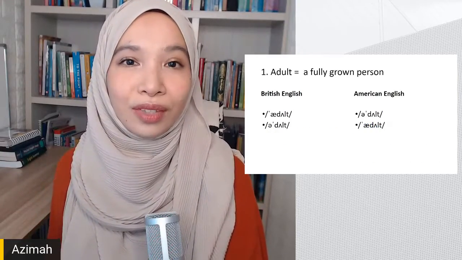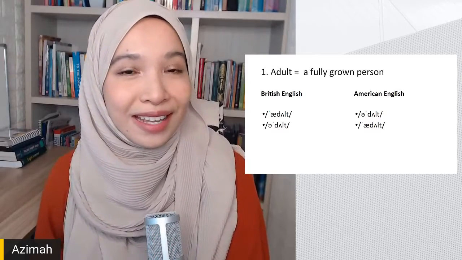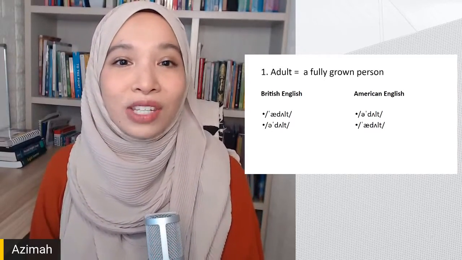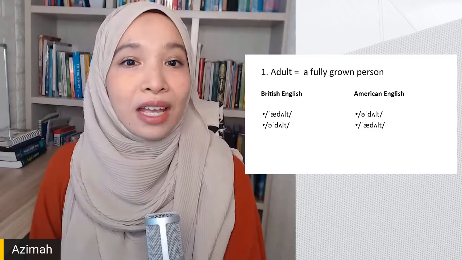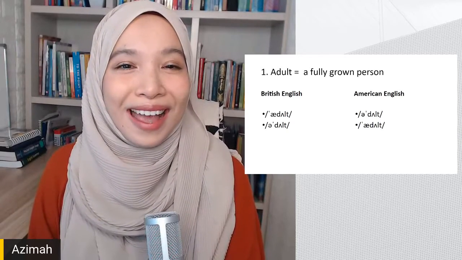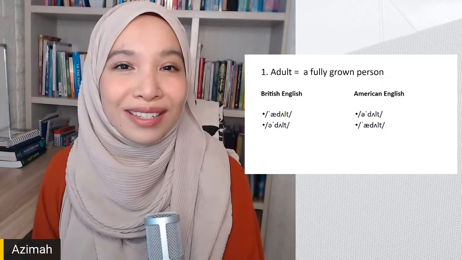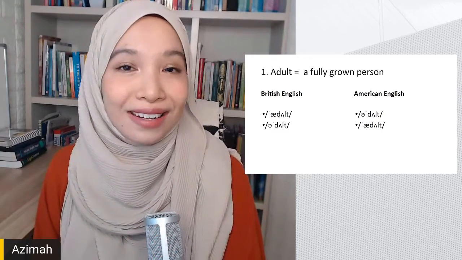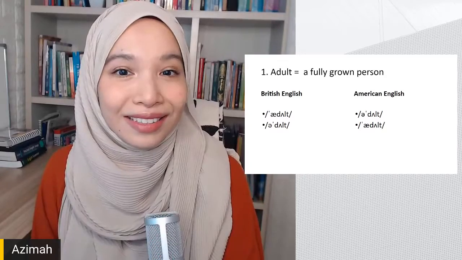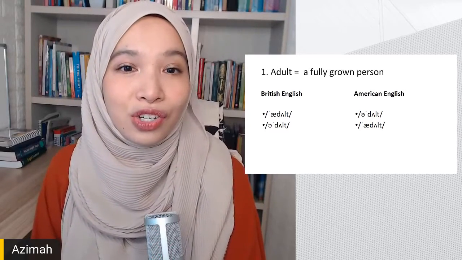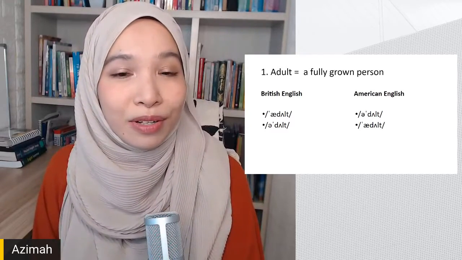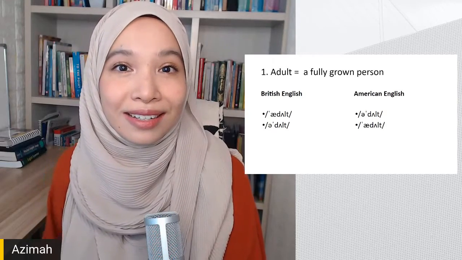Okay. So the first word is adult. Okay, it means a fully grown person, and in British English, you'd stress on the first syllable, as in adult. And in American English, the stress falls on the second syllable, adult, adult.